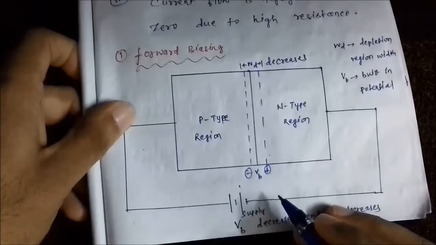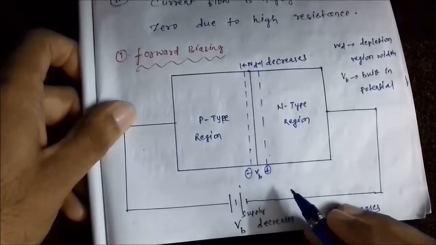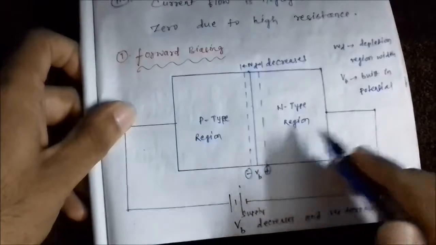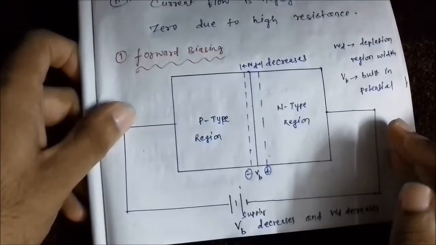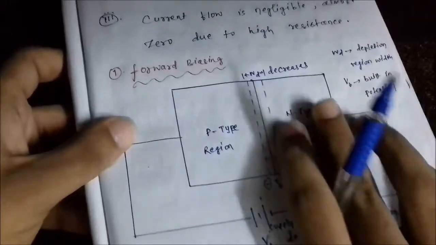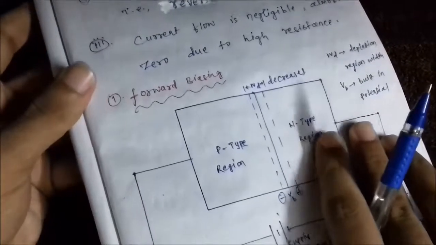At some forward voltage, the barrier potential is completely eliminated. We will discuss those terms in my later videos. Let's just stick to the modes of biasing.